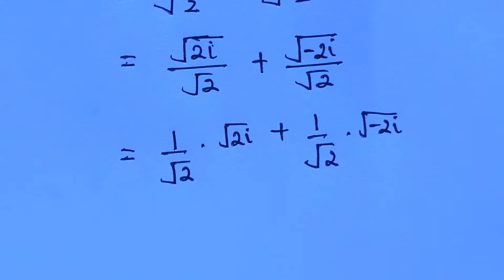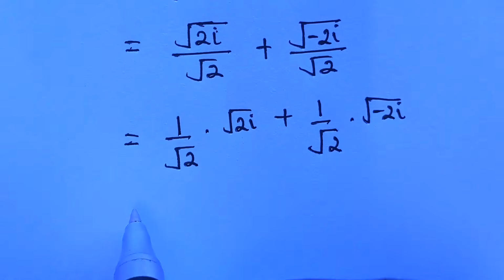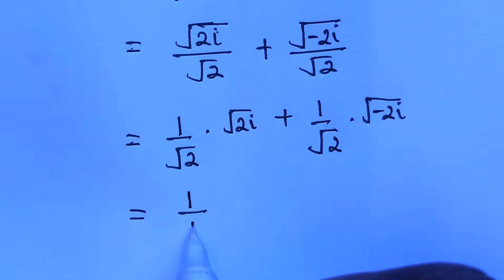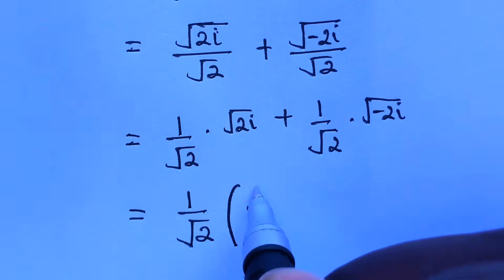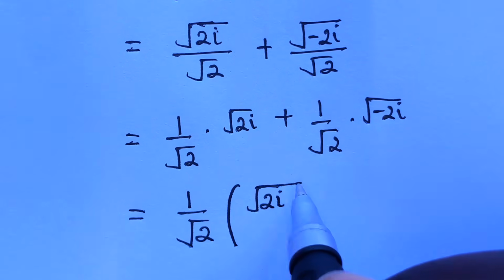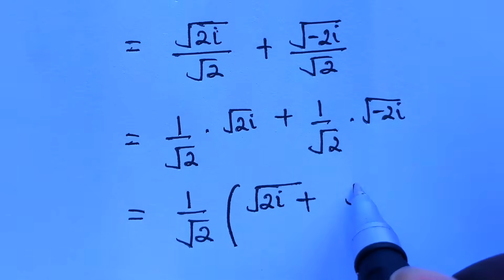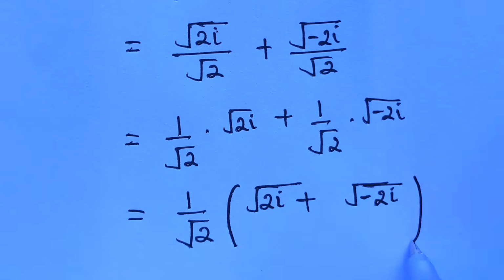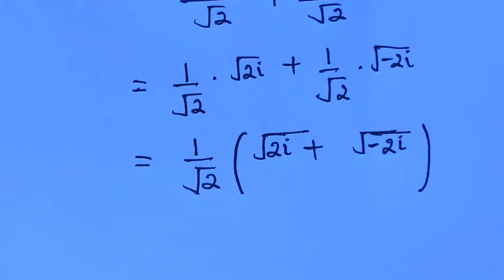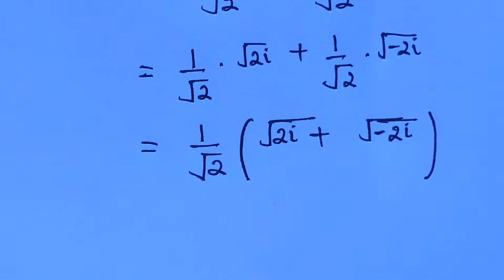And then at this stage we can factorize this 1 over square root of 2 outside to get square root of 2I plus square root of negative 2I, close bracket, right? So what is that?